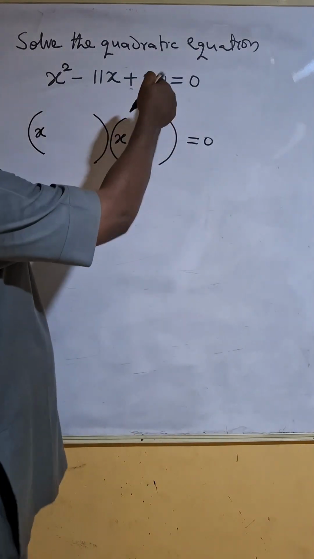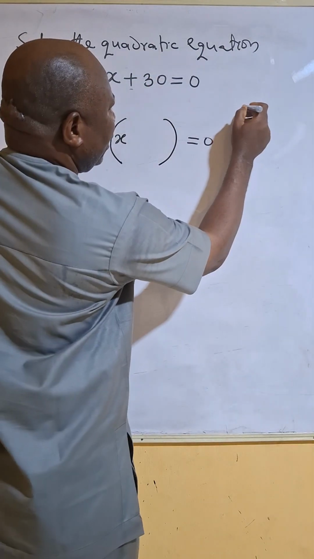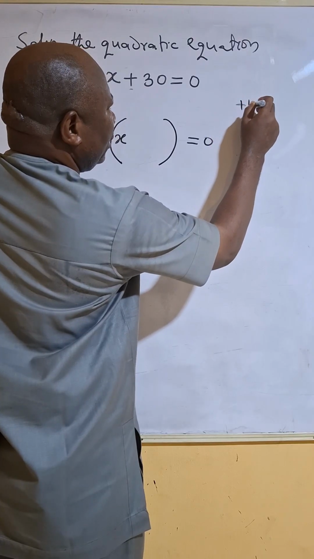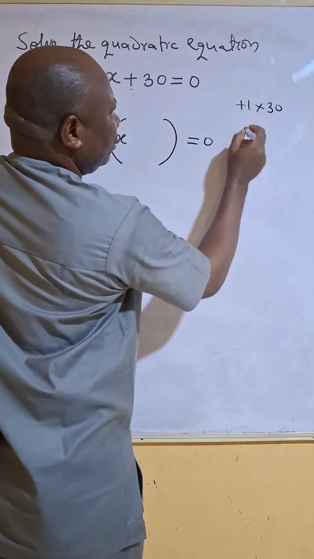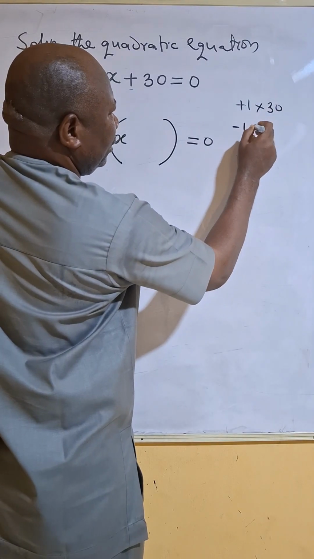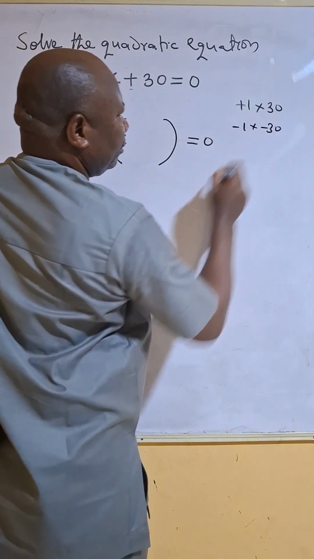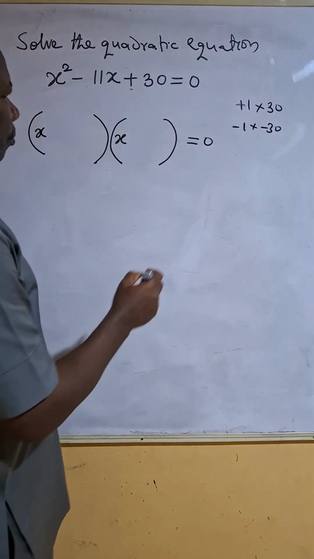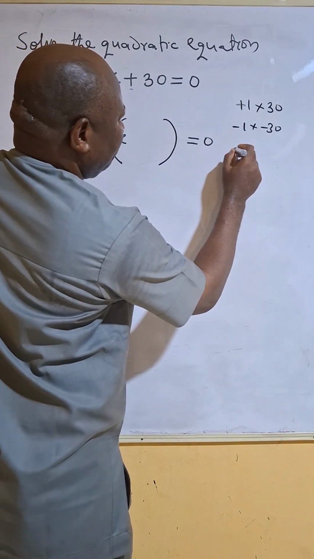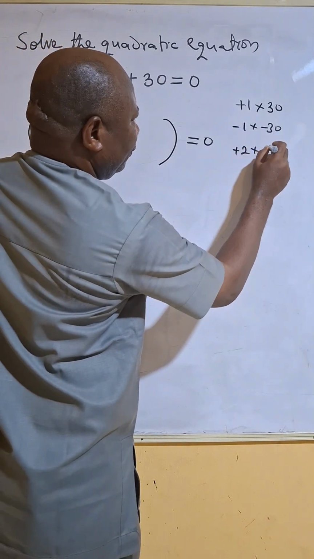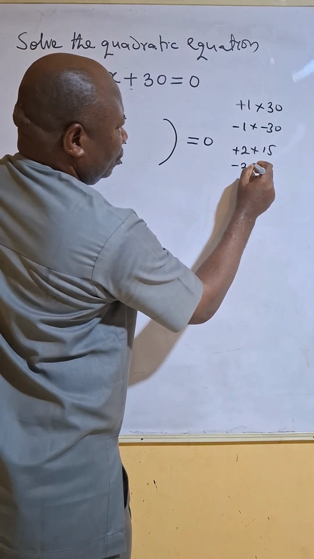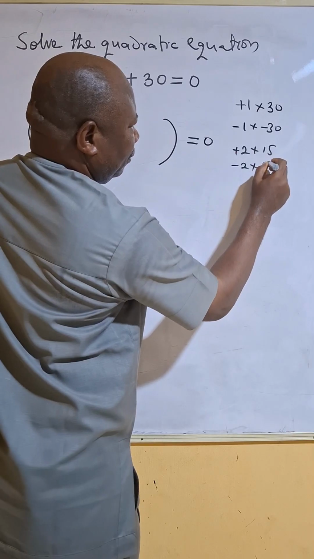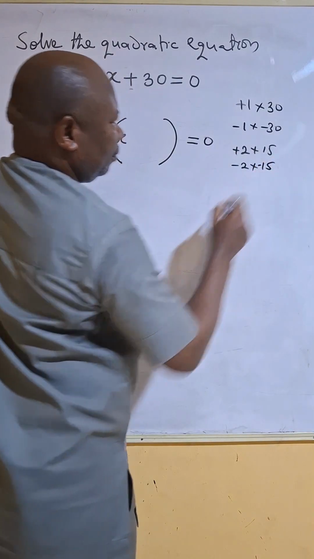Take for instance 30. We can have plus 1 times 30. We can have minus 1 times minus 30. We can have plus 2 times 15. We can have minus 2 times minus 15.